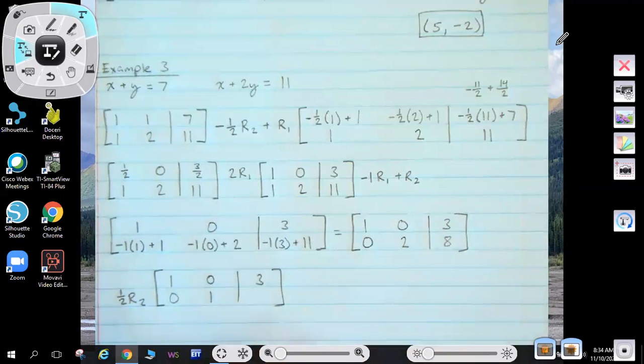And 8 times 1/2 is 4. Now we have our matrix looking like we need it to. We have 1s where we need them. We have 0s where we need them.